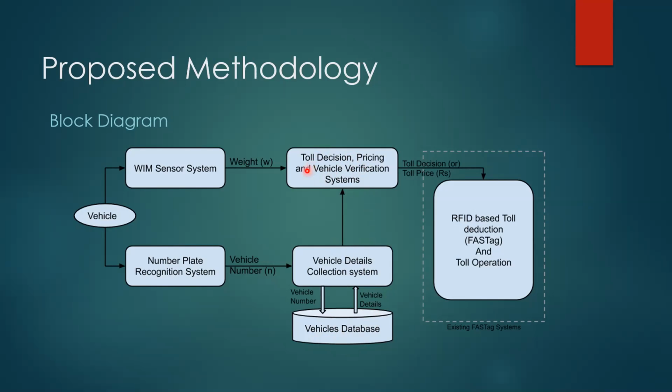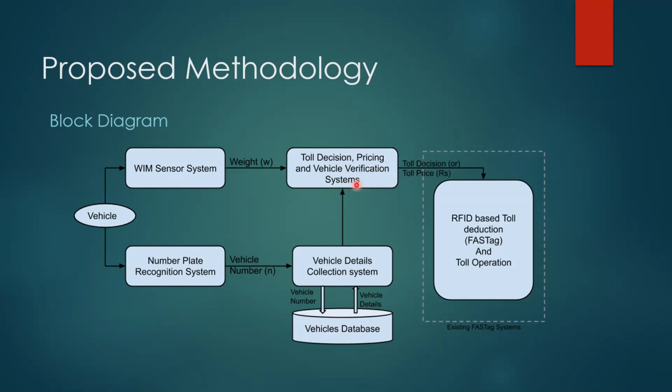What happens here is that the weight from the WIM sensor system and the maximum allowed weight for the vehicle are compared. If the weight is greater than the maximum allowed weight, then the vehicle is overloaded. In such cases, we should not allow the vehicle to pass through. Similarly, if the insurance or the registration of the vehicle is expired or not valid, such vehicles should also not be allowed to commute.